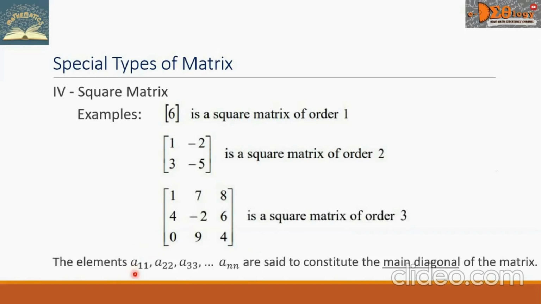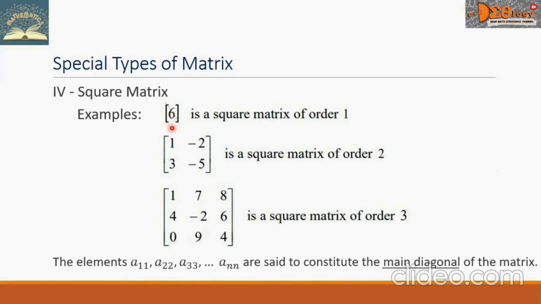The elements A sub 11, A sub 22, A sub 33 up to A sub NN are said to constitute the main diagonal of the matrix. In our first example, with only one element, the main diagonal is itself.